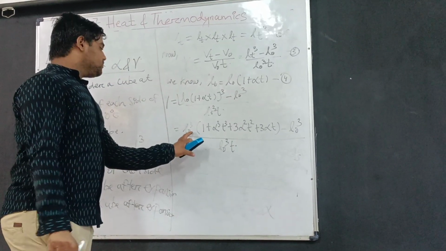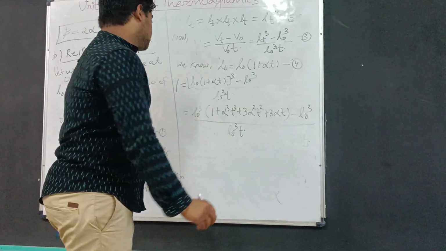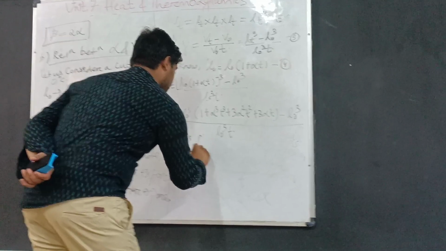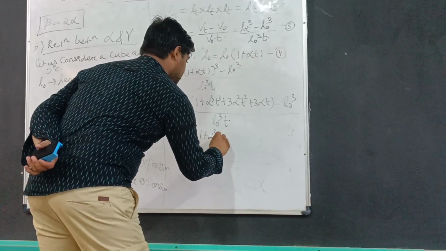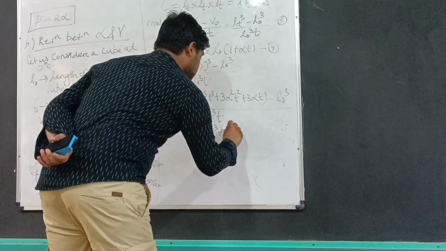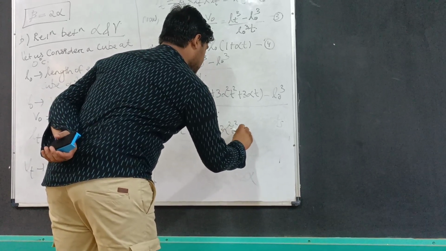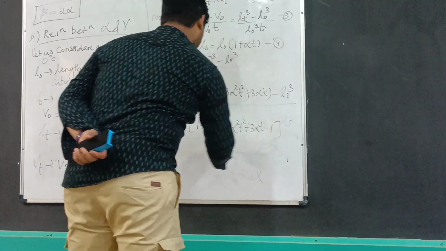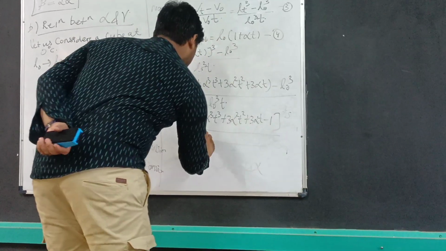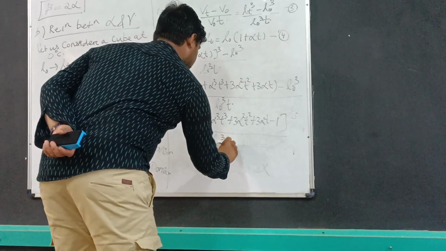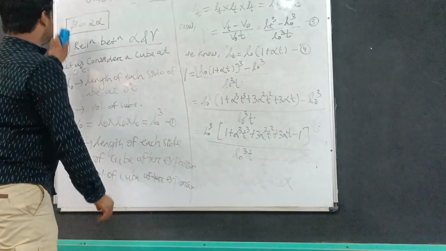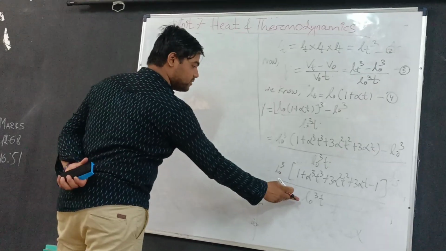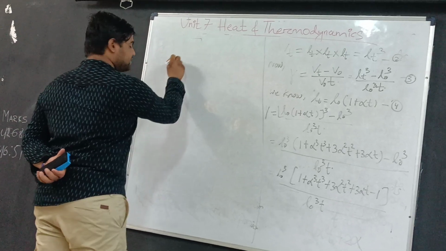Now we can take L0 cube common from the numerator, and cancel it out.